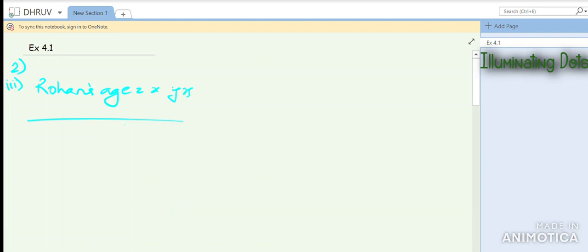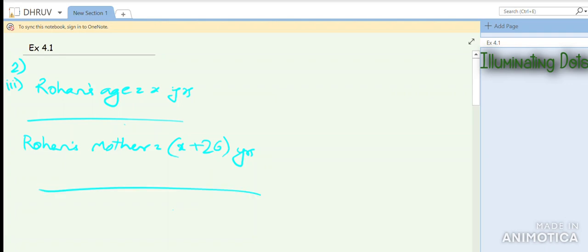The first part says Rohan's mother is 26 years older than him. So if Rohan is x years, then Rohan's mother is x plus 26 years. Why x plus 26? Because she is 26 years elder, so we add 26 to Rohan's present age. So we have Rohan's age and Rohan's mother's age.